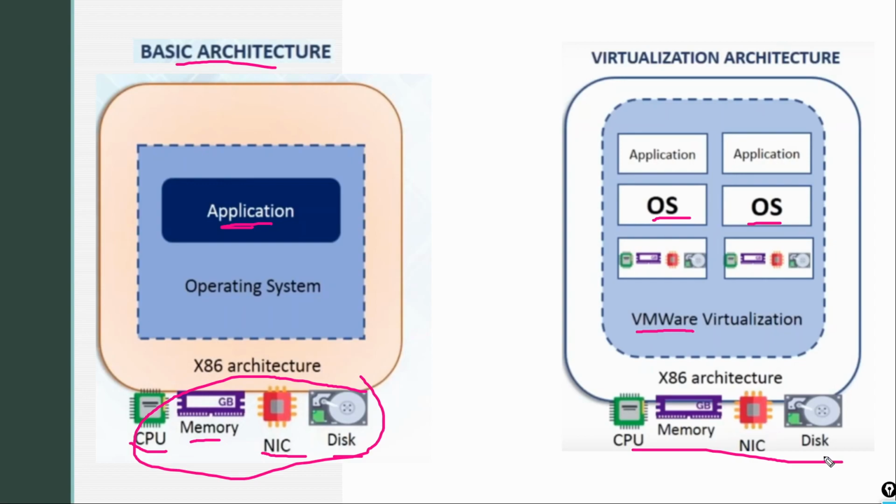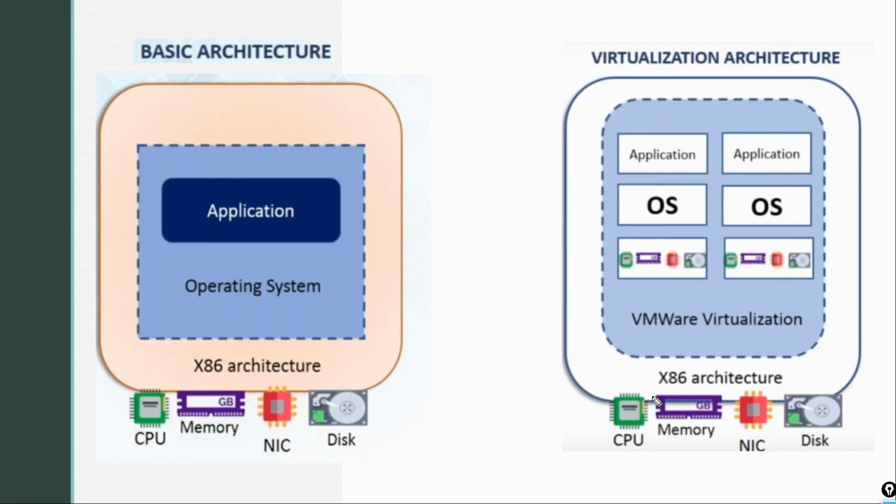We have our basic structure, but on that, in a virtual way, we can have different CPUs or different network interface cards or maybe memories, and make these maybe CentOS, Ubuntu, something like that. So via VMware, Oracle VirtualBox, KVM, then we can have different operating systems. So this will be the concept of virtualization.